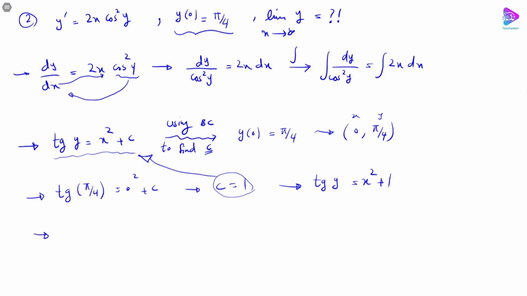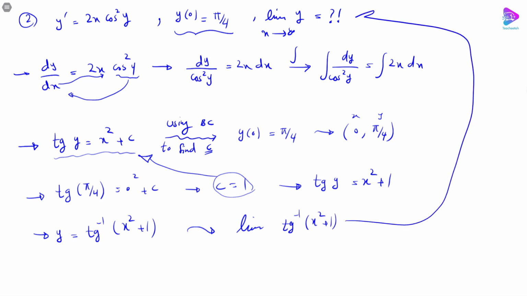Therefore, simply y is going to be tan inverse of x squared plus 1. So now, limit of tan inverse of x squared plus 1. So why are we doing this? That's the question, right?